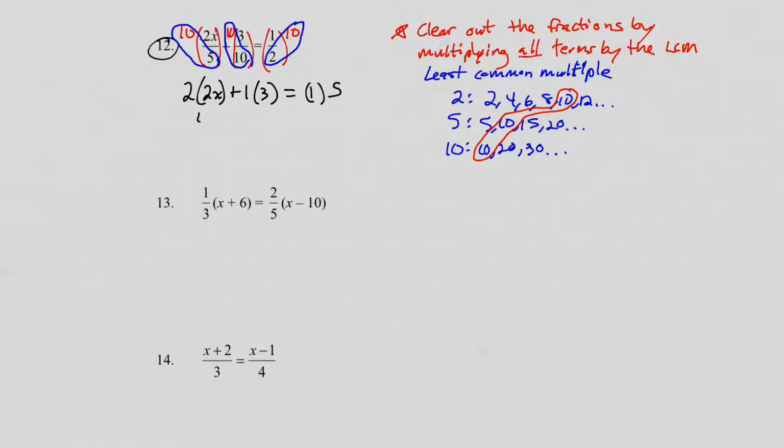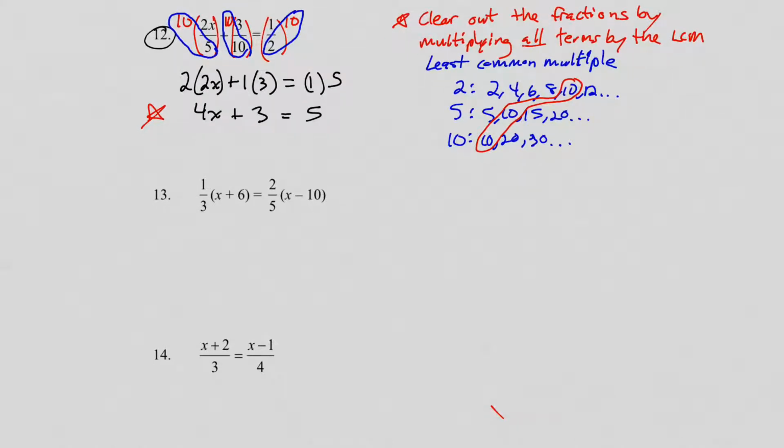So basically what we just created is, and you can do this in your head as well, 4x plus 3 equals 5, which is much nicer than the 2x over 5 plus 3 over 10 equals 1 over 2. Okay, you're more than welcome to deal with those fractions, but here I just cleared out the fractions and now I just have a nice two-step equation here.